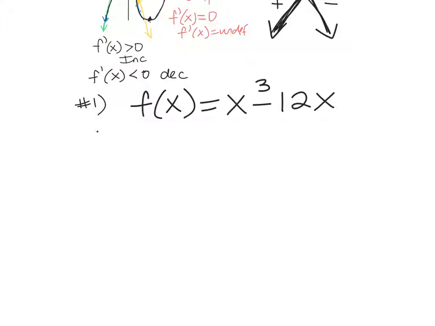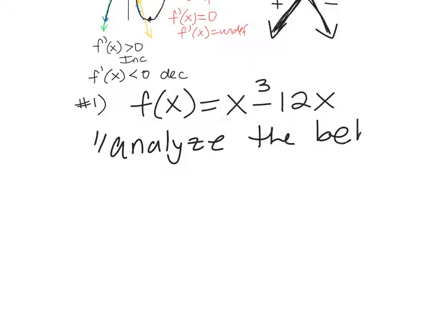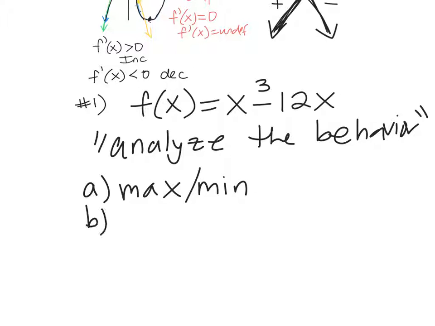That's what they call it sometimes. I don't really like that because it's not very specific. I would rather ask you questions like this. A, find any max and mins. And B, find out where the graph is increasing or decreasing. Okay? Instead of analyze the behavior.